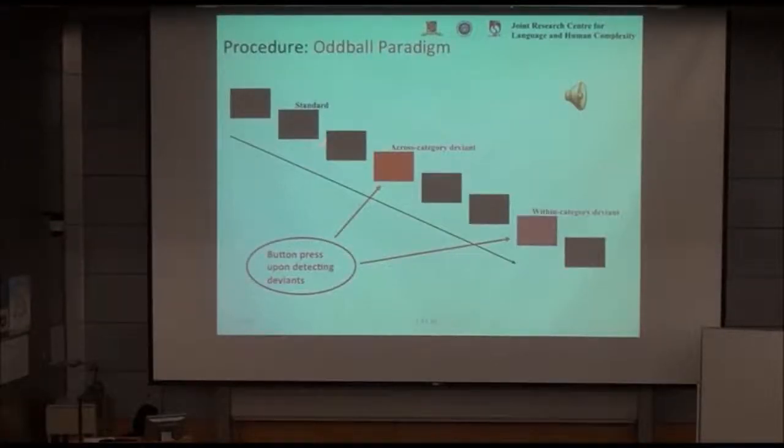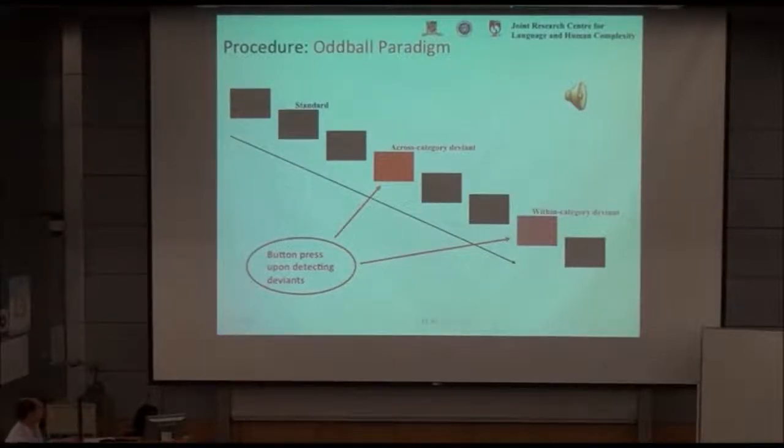The cross-category deviant is stimulus number 7. The within category deviant is stimulus number 1. The percentage of standards is about 80%, and each deviant is about 10%.